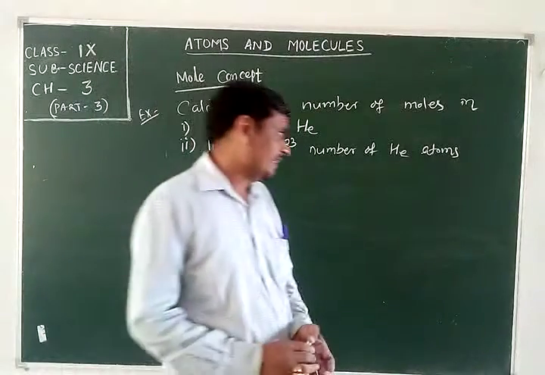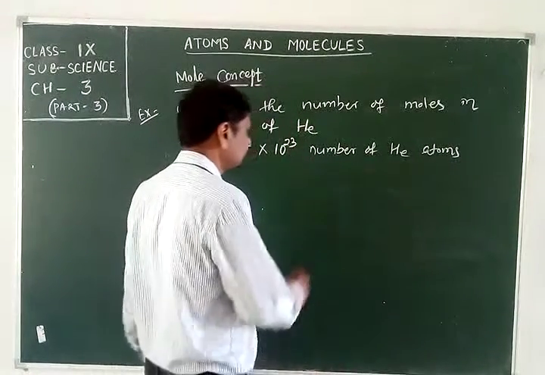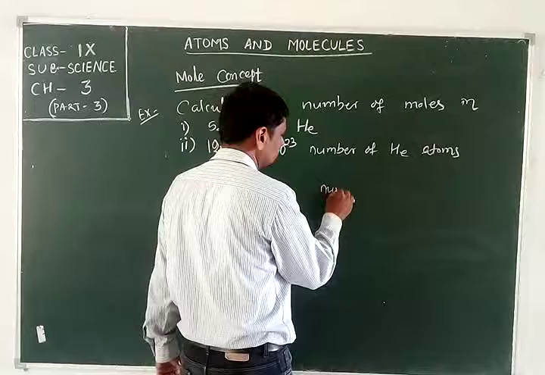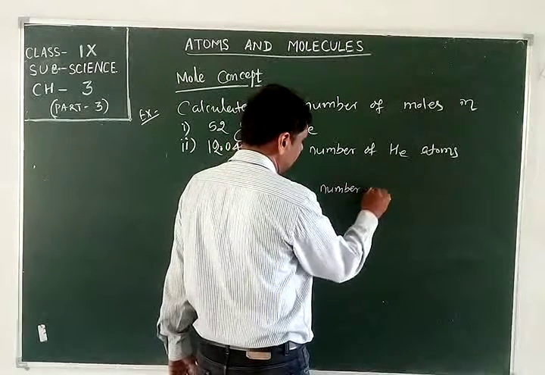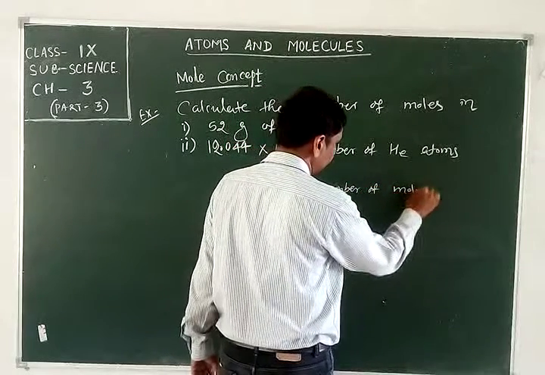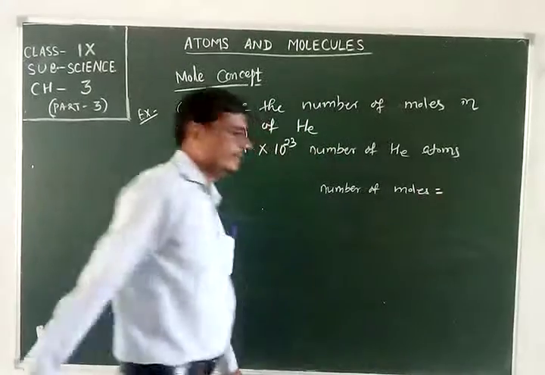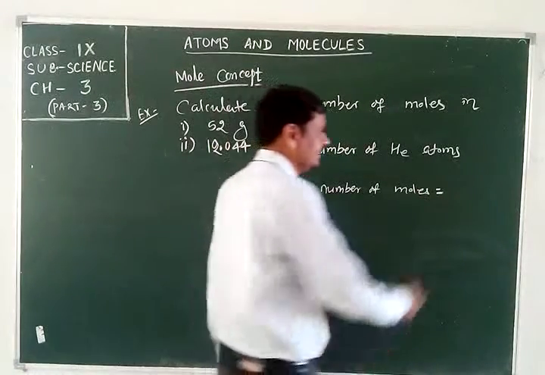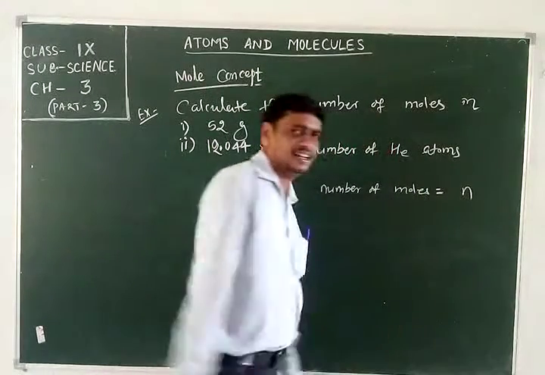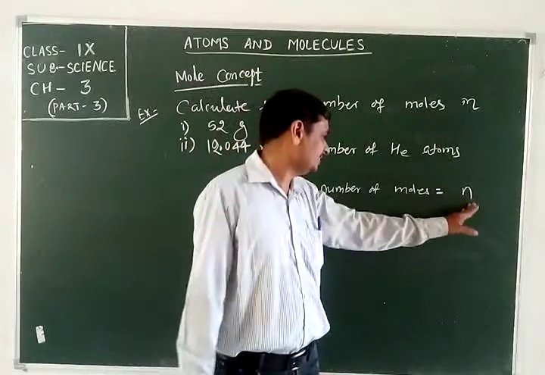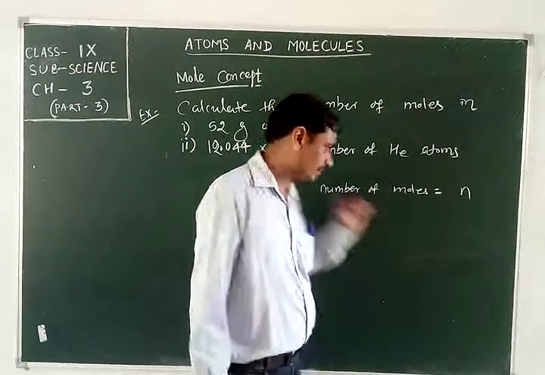We have a relation that number of moles is taken as n, small n. Small n indicates number of moles.